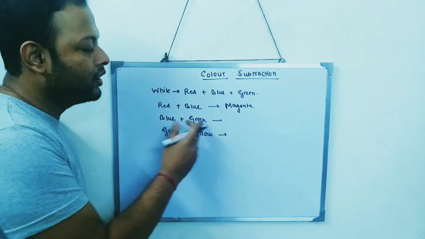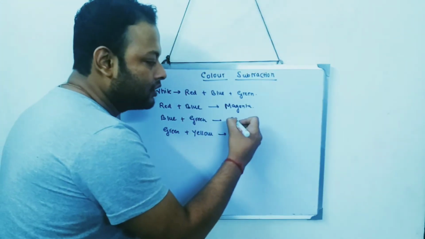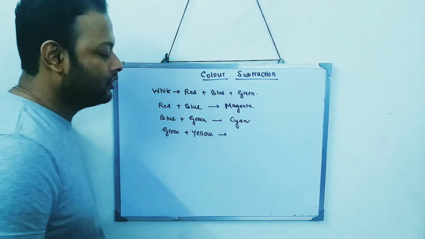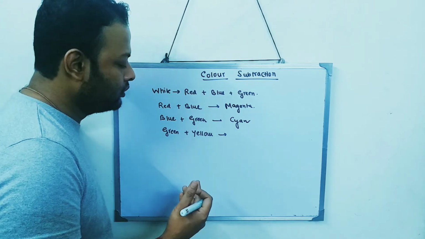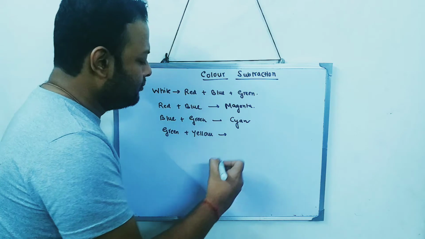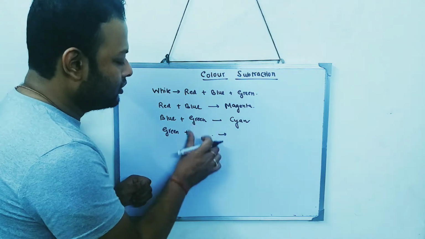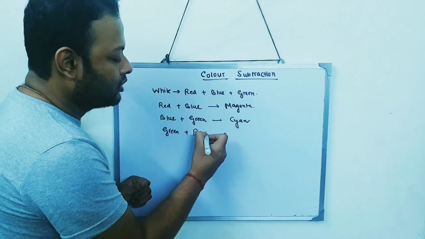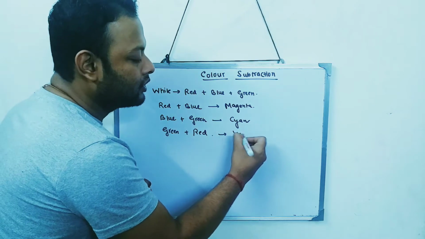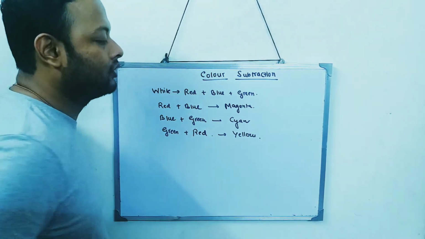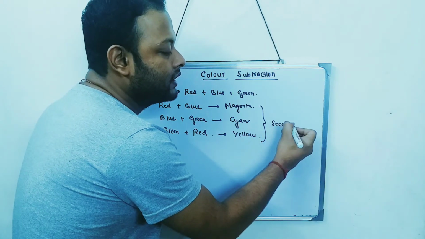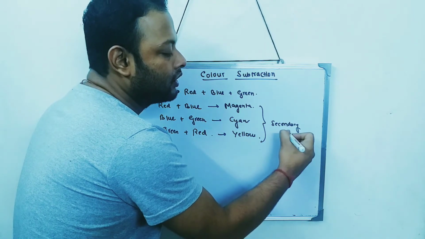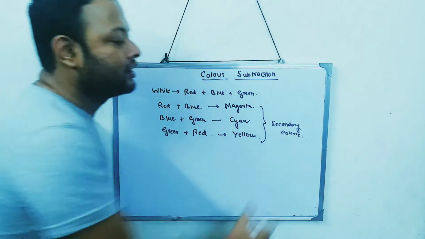If you mix blue and green, what are you going to get? Cyan. If you mix green and red, then you will get yellow. So these three are called the secondary colors, which we have already discussed in the previous lecture.